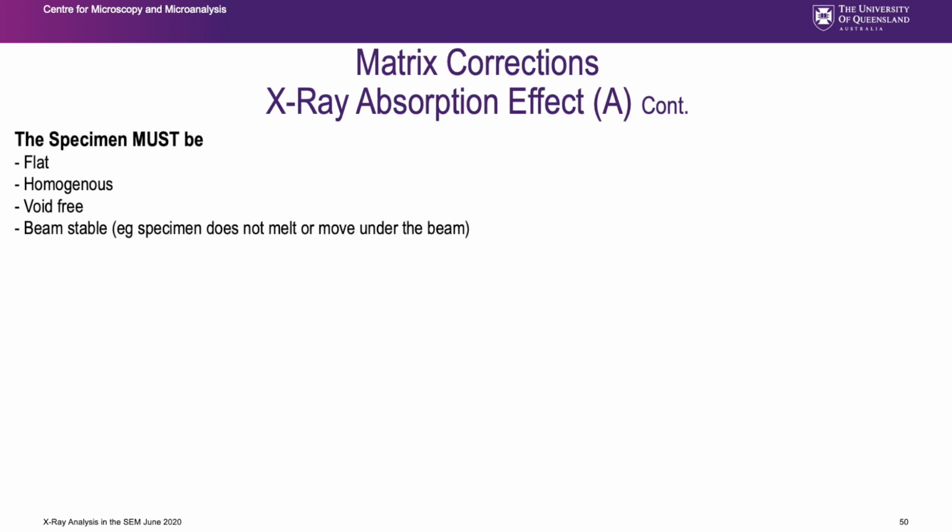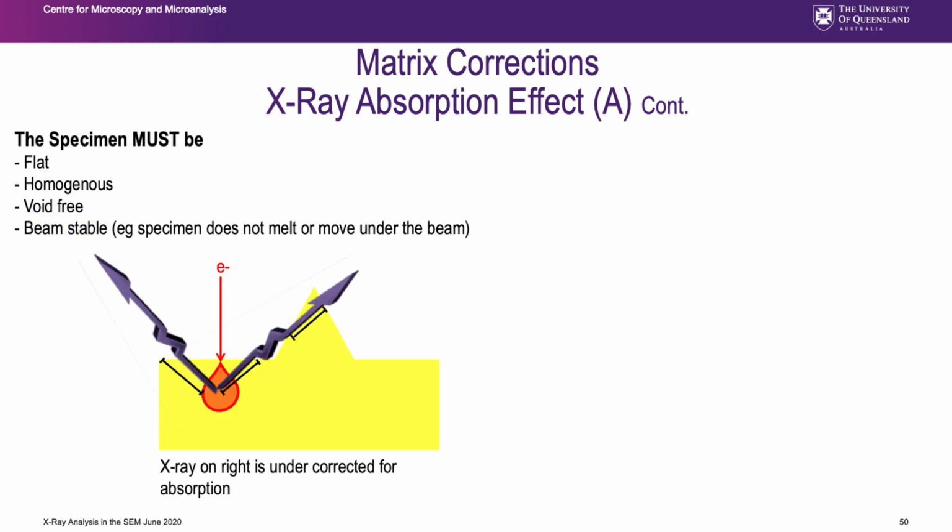For the absorption correction to work, for us to get the mathematics right, the people who did the software and did the mathematics and the calculations originally had to make some assumptions. So the assumption is that your specimen is flat, homogeneous, void-free, and beam stable. Why?